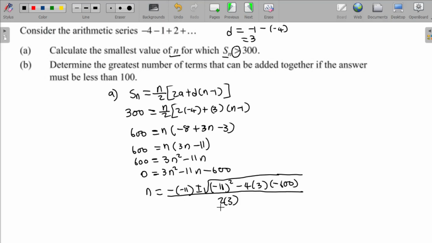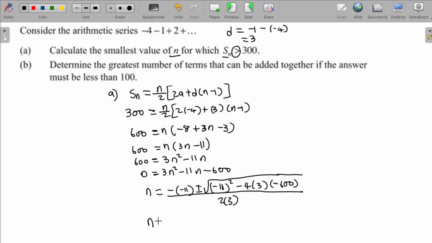You punch this into your calculator: negative negative 11 plus or minus the square root of negative 11 squared minus 4 times 3 times negative 600, divided by 2 into 3.